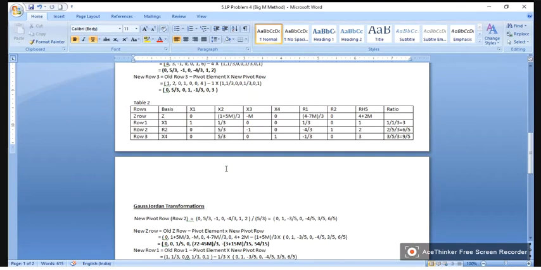Which are the non-basic? All of you look at table number 2. In this table, basic variables are x1, r2 and x4. Am I right?